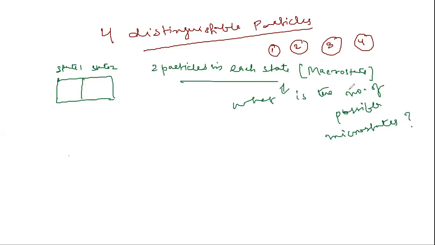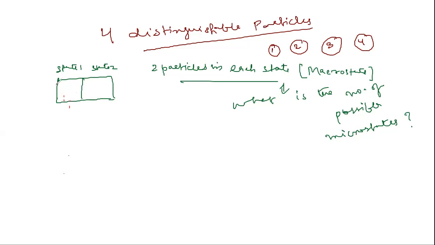Which macrostate? Four distinguishable particles. You have to place two particles in each state. Now, what is the number of possible microstates corresponding to this macrostate I'm asking you, and list all the microstates. If you think about it, it is simple. You have to just distribute the particles, two particles in each state.